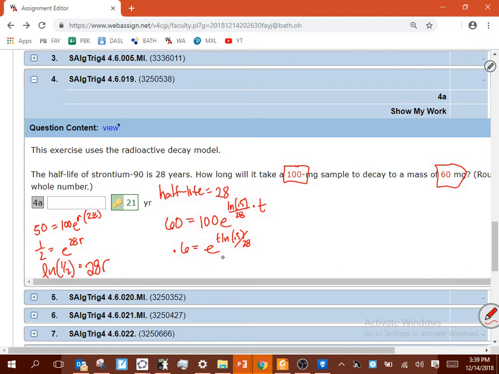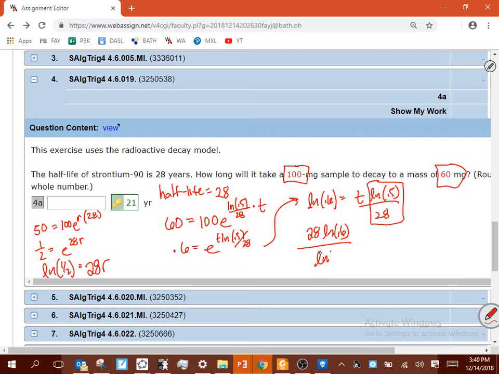Ln of both sides, so ln of 0.6 on the left, and on the right-hand side it leaves me T times ln of 0.5 over 28. I can multiply by that reciprocal, so it gives me 28 ln of 0.6 over ln of 0.5 is equal to T. Calculate that real quick, should give me something close to 21.